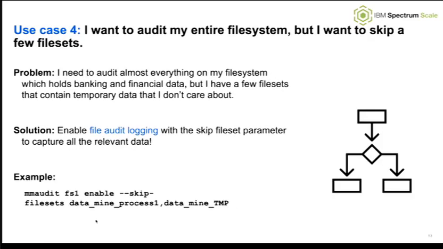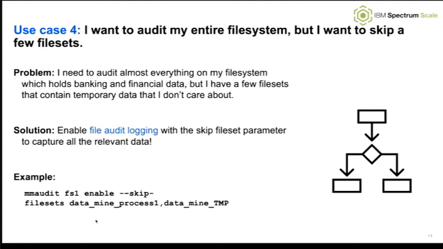So kind of on the contrary here, other customers did say they would want this as well, but they want to audit their entire file system, but there is a subset of filesets that they don't care about. Maybe there are processes on them that are causing a lot of traffic or a lot of accesses, and they don't need to be audited. So let's look at this in a little better example. Say you have a banking company or a financial institution. They have a big file system with hundreds of filesets on it.